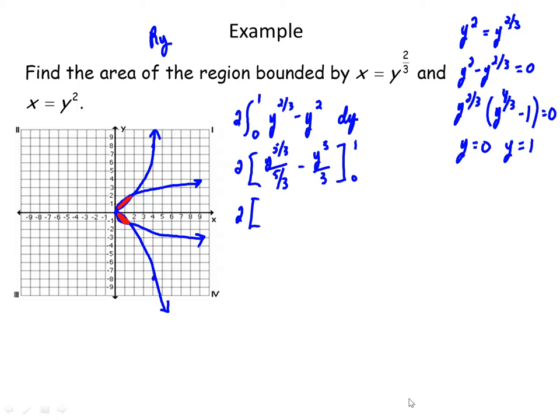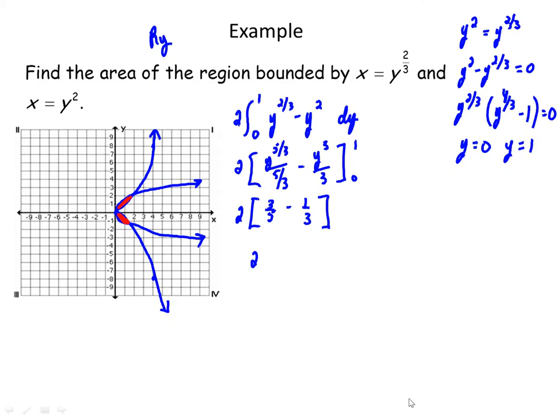If you plug 1 in for y, cube root of 1 is 1, and 1 to the 5th power is 1. And then 1 divided by 5/3 is going to be 3/5. Multiply by that reciprocal. Minus, again, if you plug 1 in for the second one, you're going to have y cubed, or 1 cubed, which is 1 over 3, which is going to be 1/3. And then the 0 is going to turn into 0, so we're not even going to worry about it.